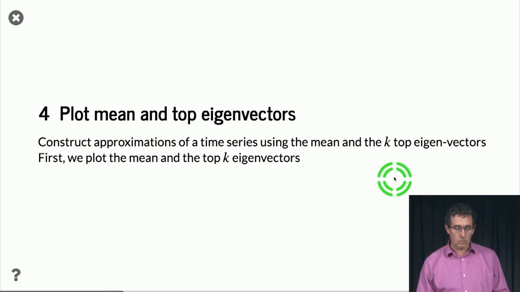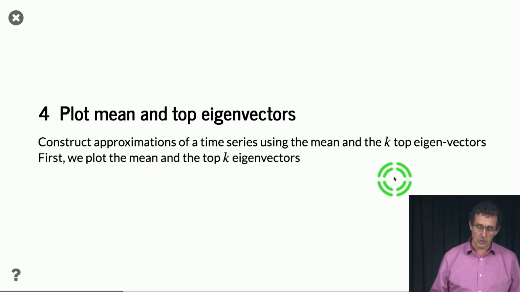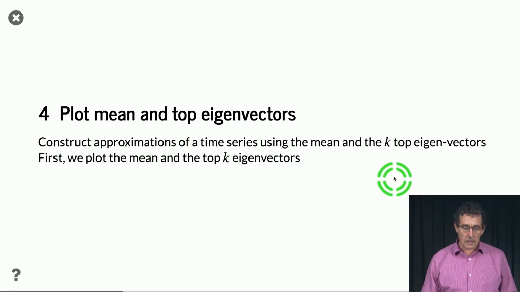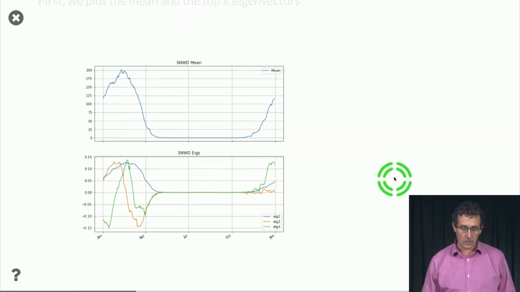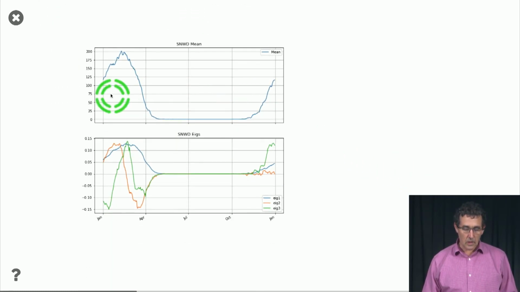Okay, so now let's just refresh what we did before and plot the mean and top eigenvectors. So if you remember, this vector right here is the mean. Okay, so basically it shows you what is the snow depth on average, and then here we have the eigenvectors.